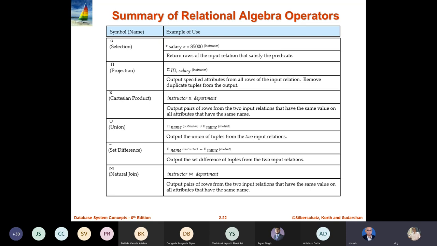Based on the constructs of SQL, we can do different types of queries. And most of our standard databases, as of now, you are using MySQL and Oracle, so all standard databases support this SQL, right? The standard SQL will support whatever we are talking about in the relational algebra operators.